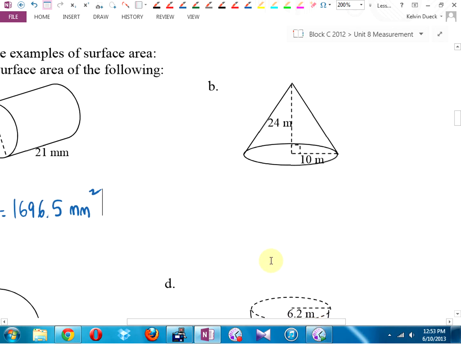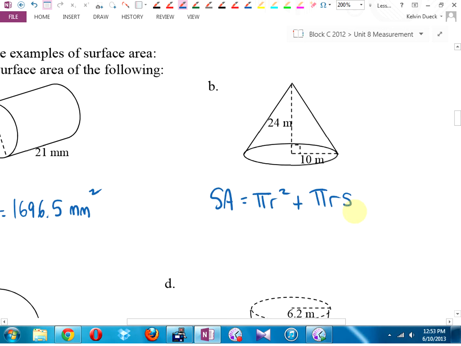B. Hey, what's this? Cone. Find it. Pi r squared plus pi r s. Do I know R? Yes. 10.